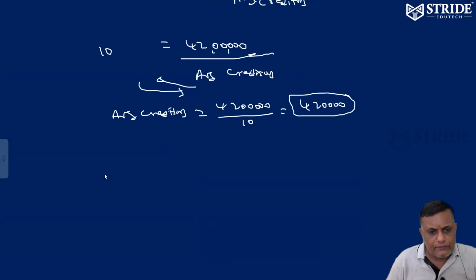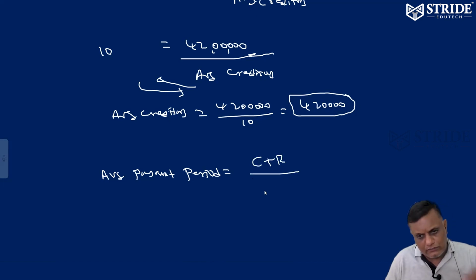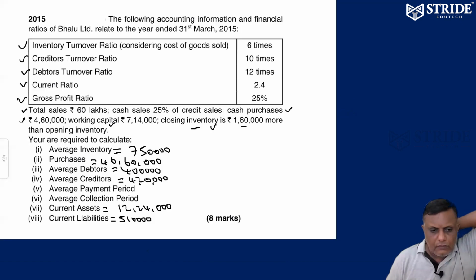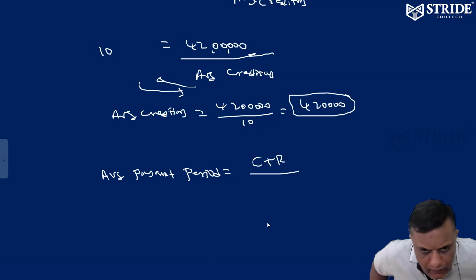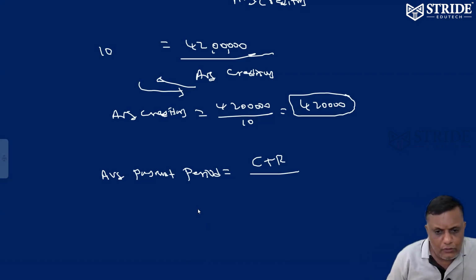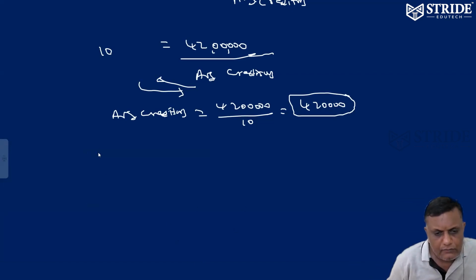Average payment period to creditor is equivalent to the creditor turnover ratio. Or you can use this method also.